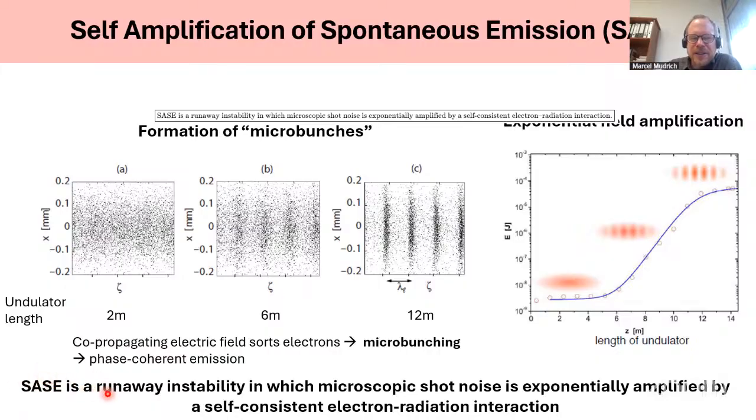It is defined as a runaway instability in which the microscopic shot noise from the initially randomly distributed electrons is exponentially amplified by a self-consistent electron radiation interaction.